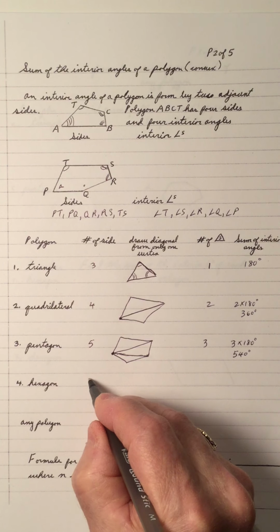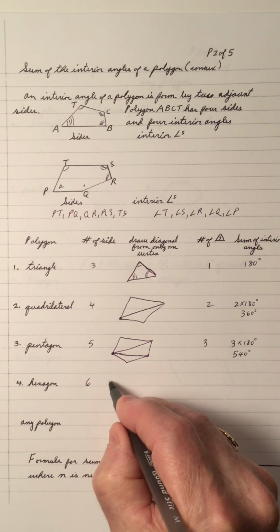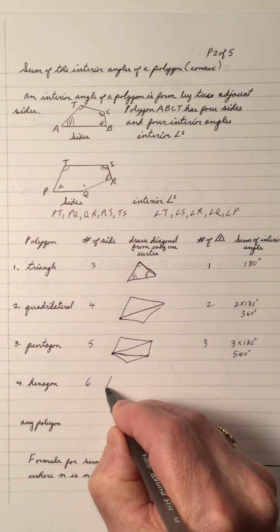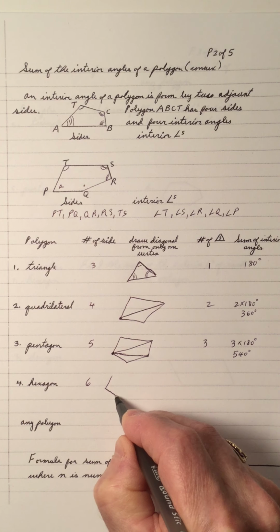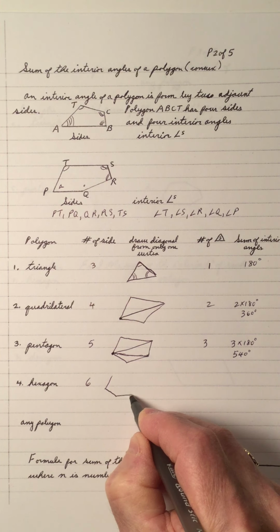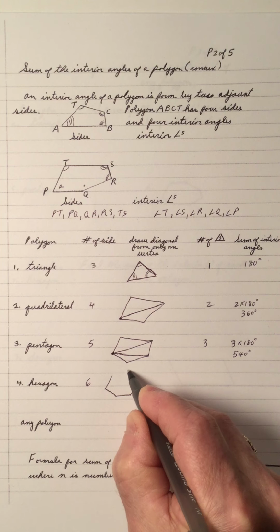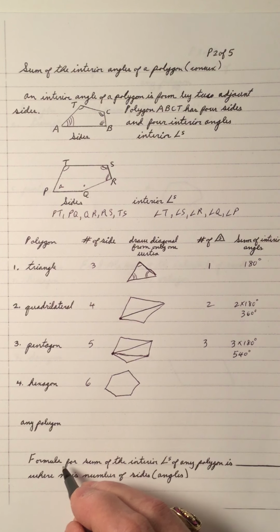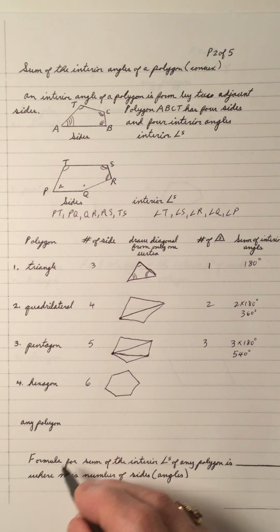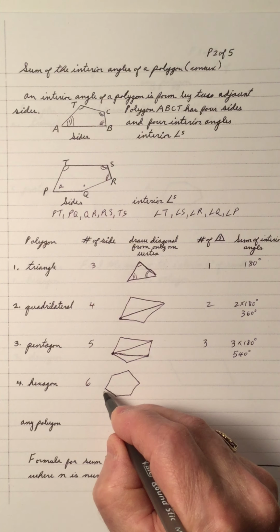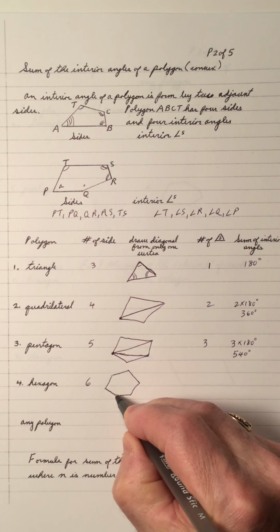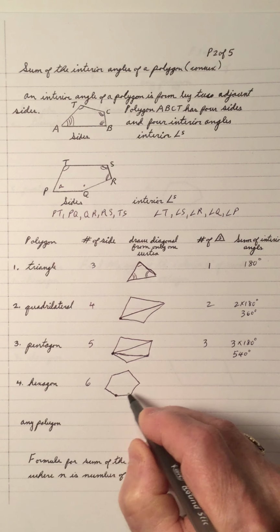And we have a hexagon. Hexagon has 6 sides. Let's see if I can draw one with 6. 1, 2, 3, 4, 5, 6. Yep. And if I have 6 sides, let's pick a vertex. Let's pick this one. Doesn't make any difference which one.